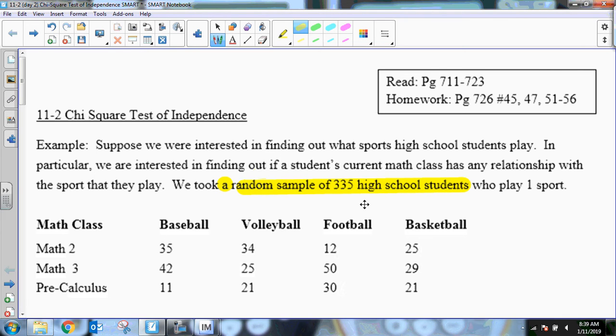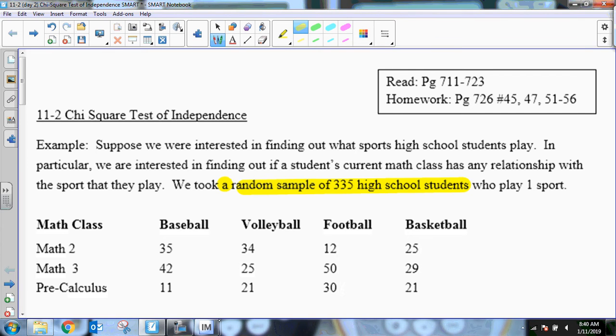We didn't take 2 samples, we took 1 sample. And when we took the 1 sample, all 335 of these students, we asked them 2 questions. What math class are you in? And what sport do you play? So what we did is we recorded 2 pieces of information from the 1 sample we took. That's the biggest difference between an independence test and a homogeneity test.